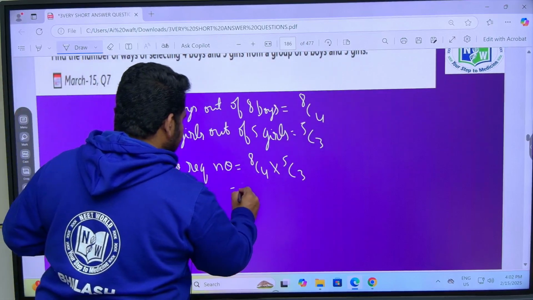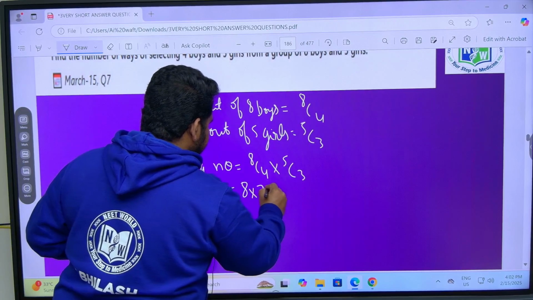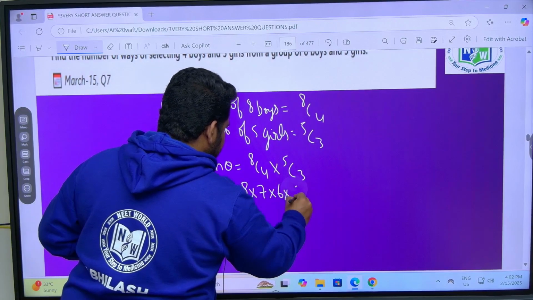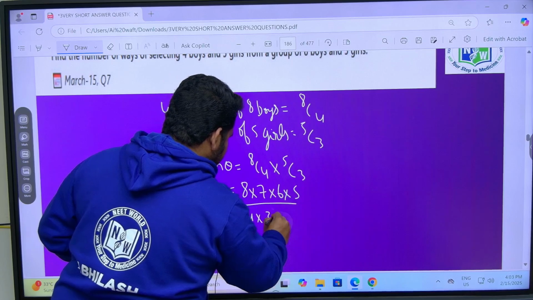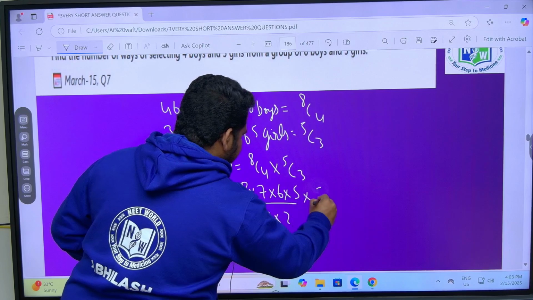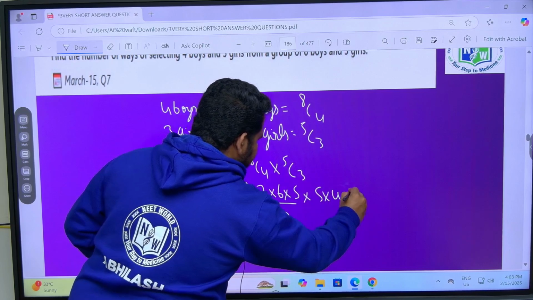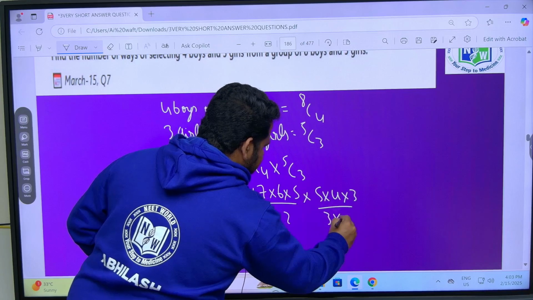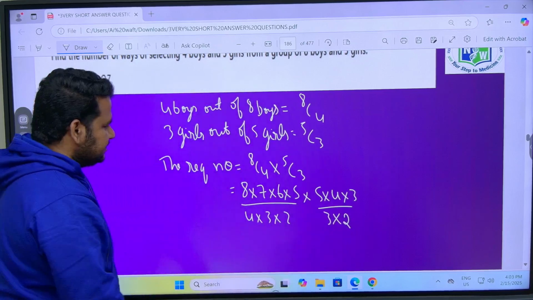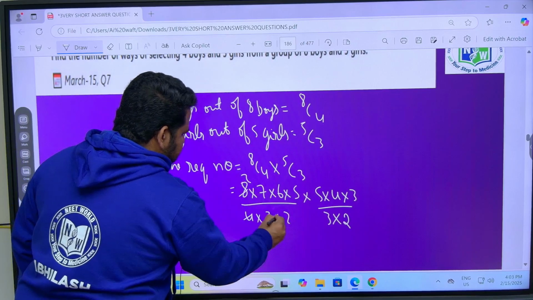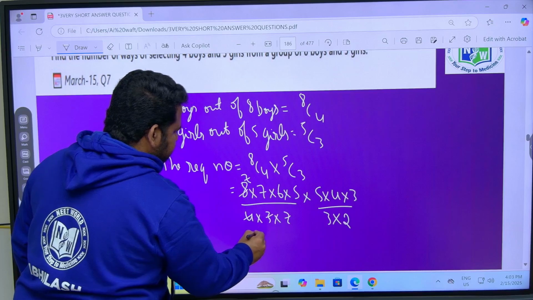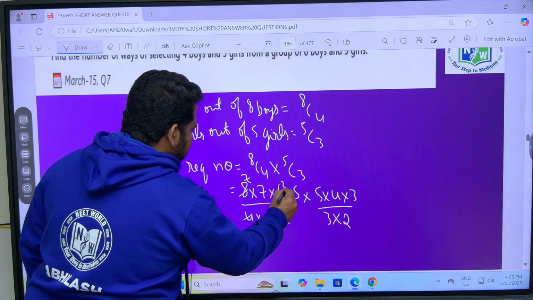This value will be equal to 8 into 7 into 6 into 5, 4 multiples, divided by 4 factorial, that is 4 into 3 into 2, into 5 into 4 into 3 divided by 3 factorial, that is 3 into 2, friends. So what can I cancel here? 4 cancels, 2 cancels, 3 cancels.